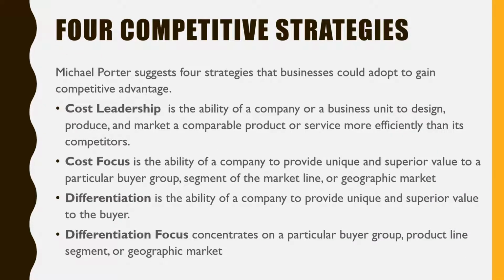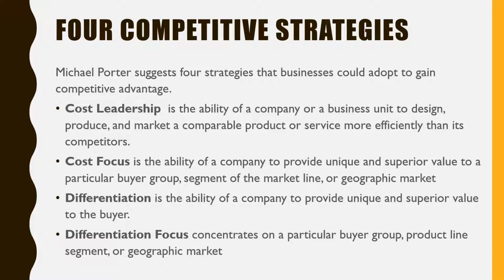Michael Porter suggests 4 strategies that businesses could adopt to gain competitive advantage. Cost leadership is the ability of a company or a business unit to design, produce, and market a comparable product or service more efficiently than its competitors.